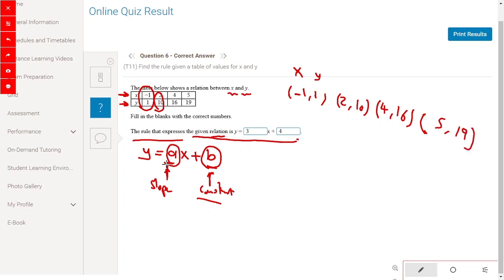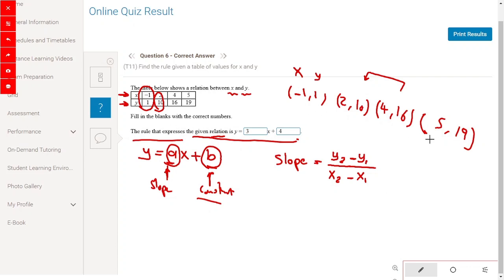Okay, to get the slope, we'll take any 2 points, the difference between any 2 points in x and y. So to get the slope, it's a division between the y coordinate of point 2 minus y1 of point 1, divided by the x coordinate of point 2 minus the x coordinate of point 1.